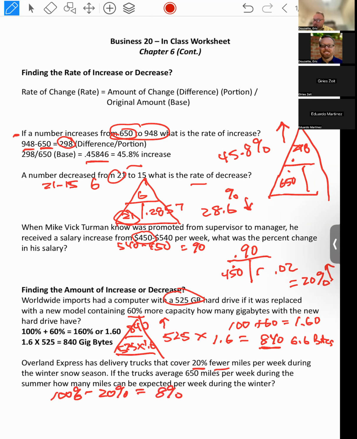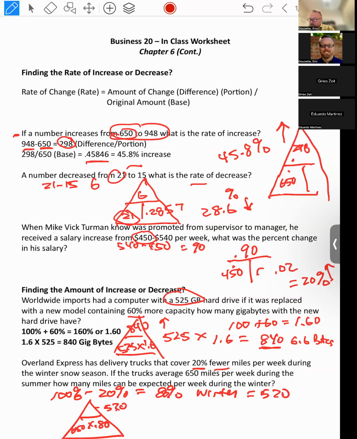So they basically operated 80% during the winter, because that's 20% less than the summer. So again, I would use my formula. I would say 650 miles times 0.80. That would give me my amount during the winter. So 650 times 0.80 equals 520. So I get 520 during the winter.